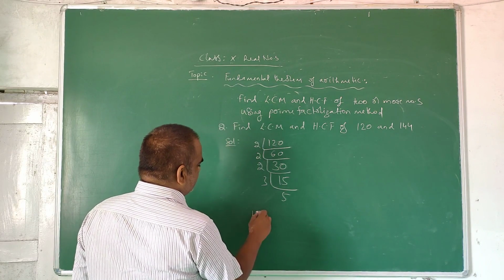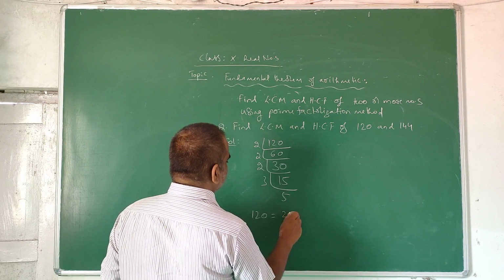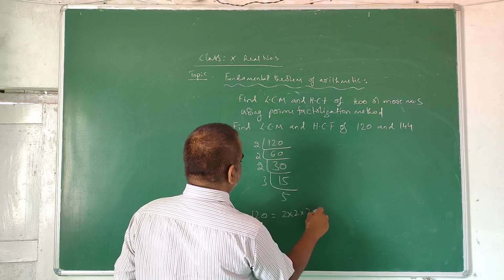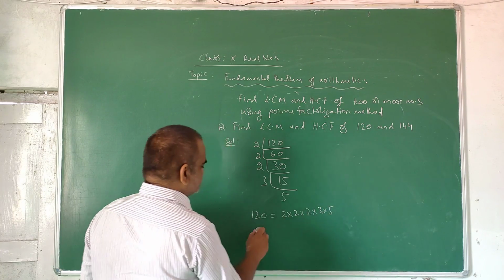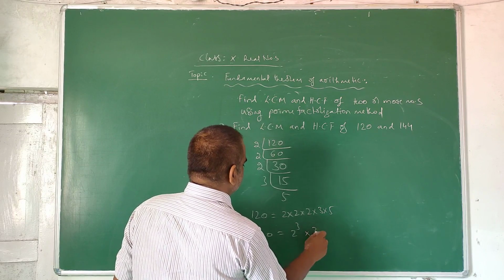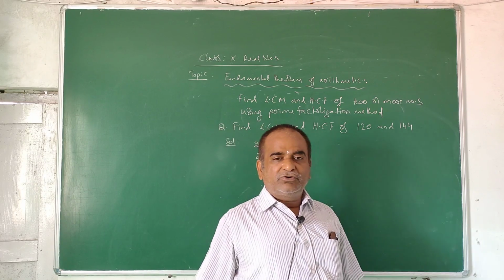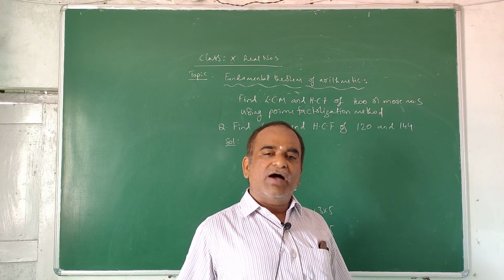So 120 is a product of prime factors 2 into 2 into 2 into 3 into 5, which is 2 cubed into 3 into 5.